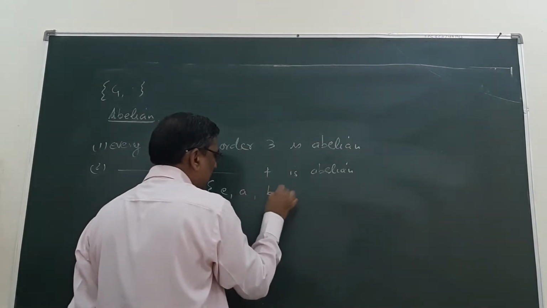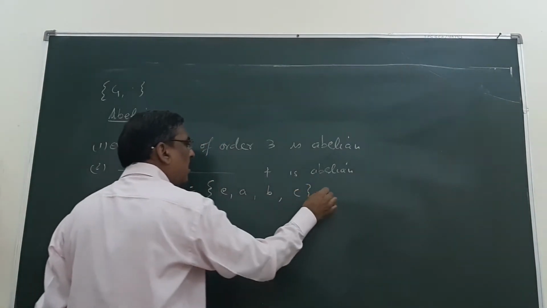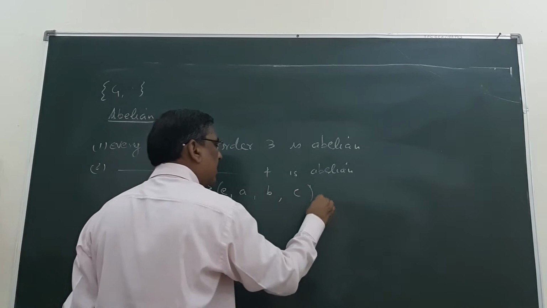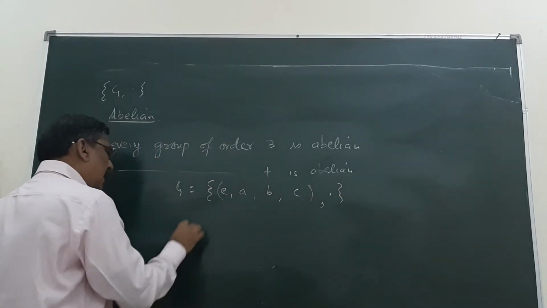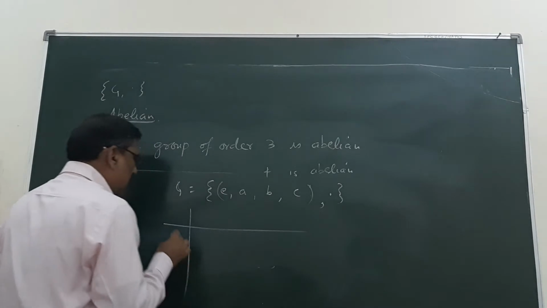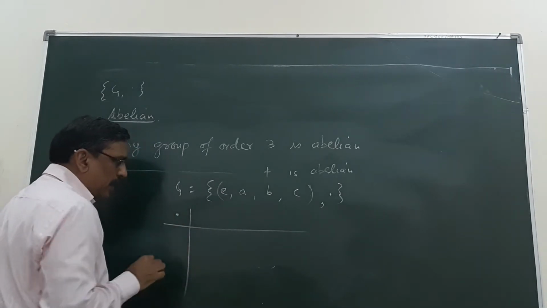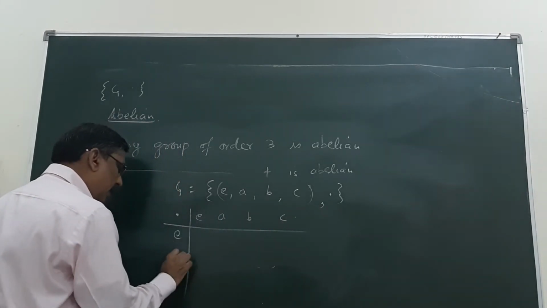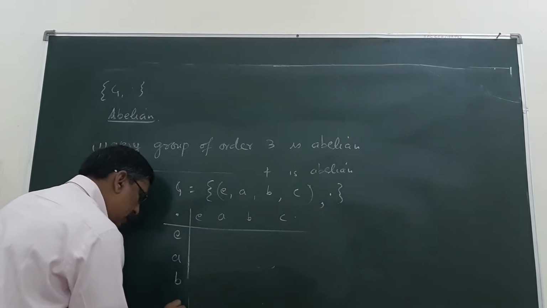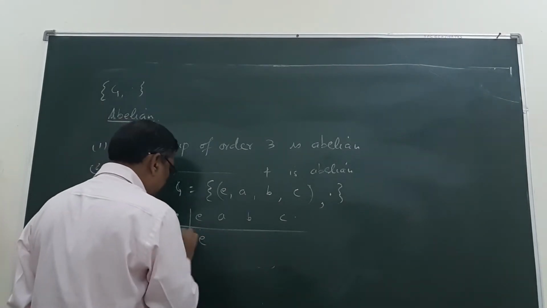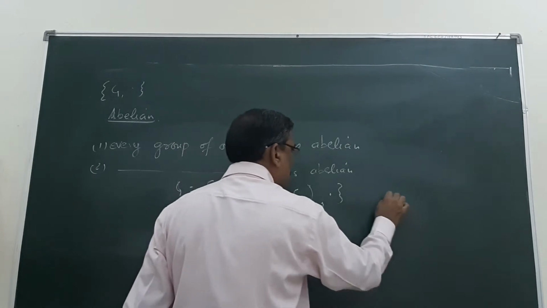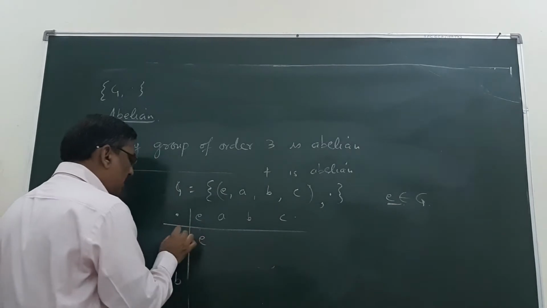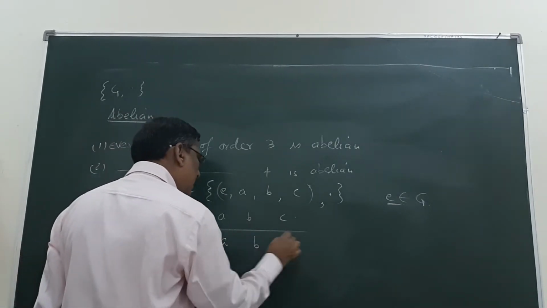and the operation is say this one. Then complete the table: e, a, b, c. We'll get e is the identity element for this group. Since it is a group, e is the identity element, then the first row will be e, a, b and c.